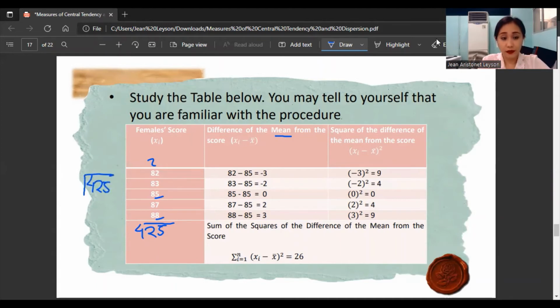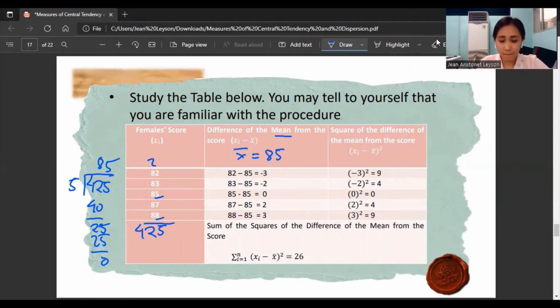Then divide it by how many grades there are. There are 5. 425 divided by 5 is 85. So here our mean is 85. So x bar is 85.